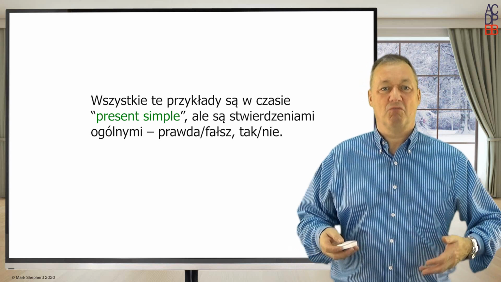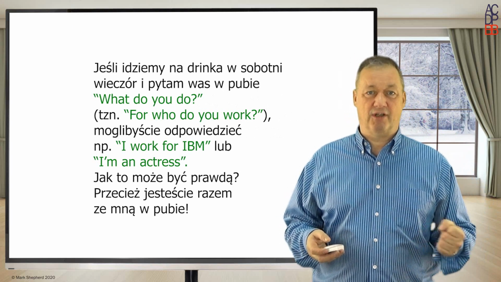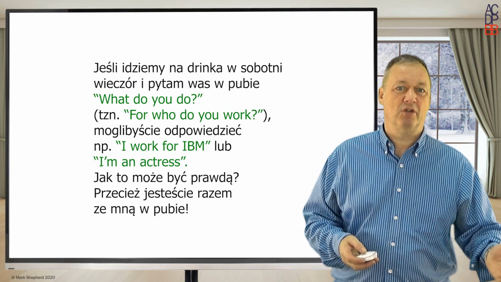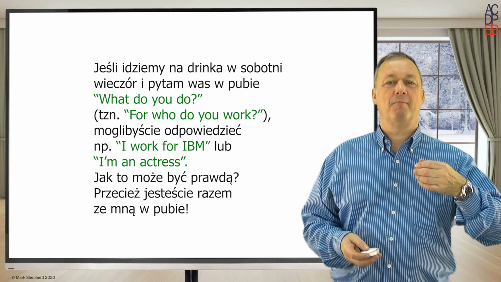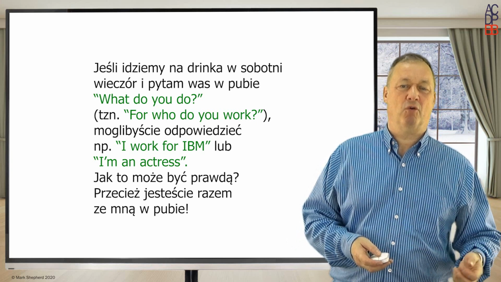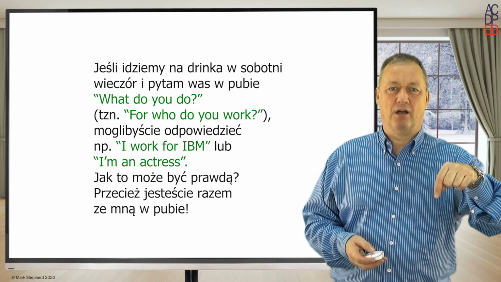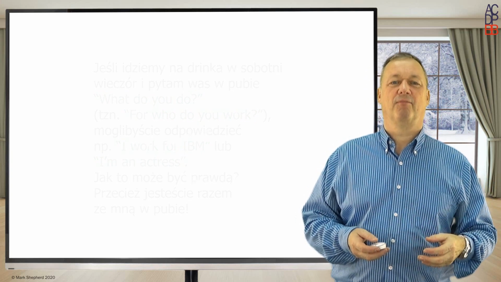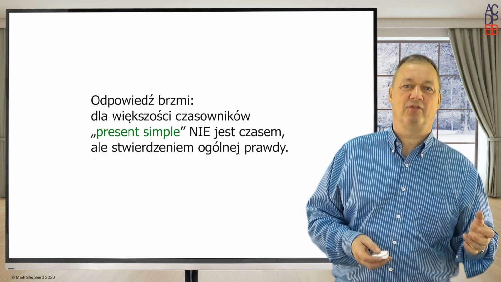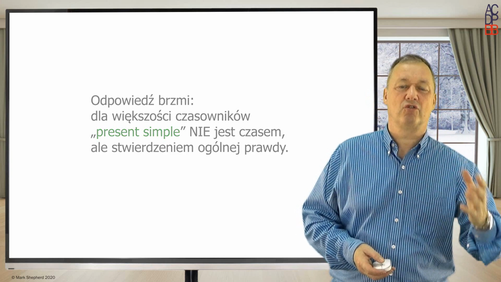True, false, yes, no. So, if we all go out for a drink on Saturday evening, and I ask you, what do you do? I.e., for whom do you work? Then you might say, for example, I work for IBM, or I'm an actress. Now, how can this be true? You're in a bar, drinking with me. Well, for most verbs, the present simple tense is not actually a tense, but a statement of the general truth.